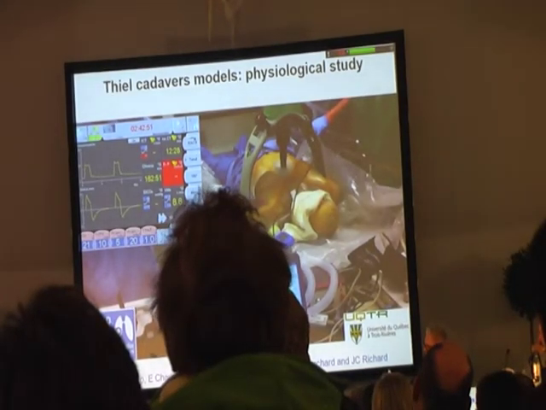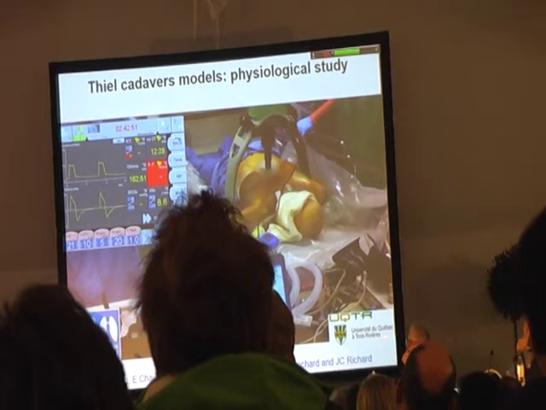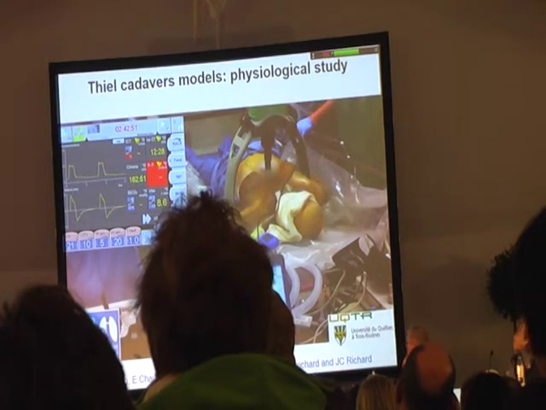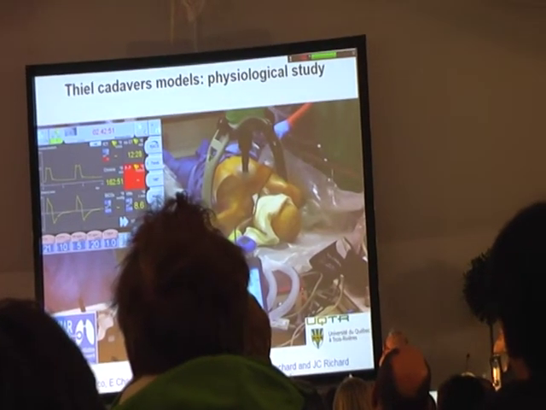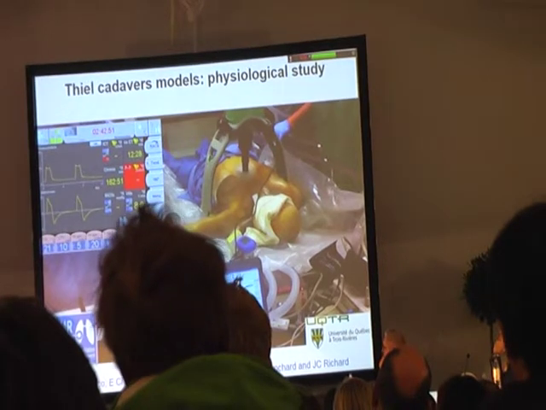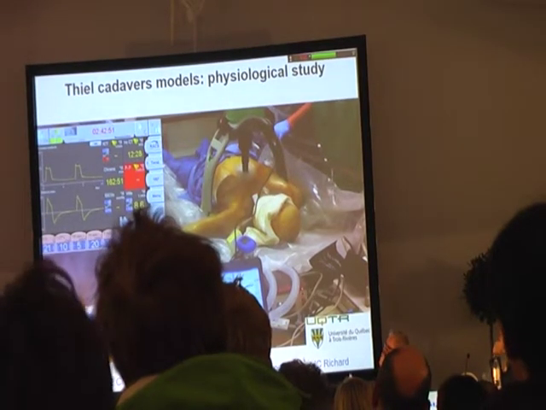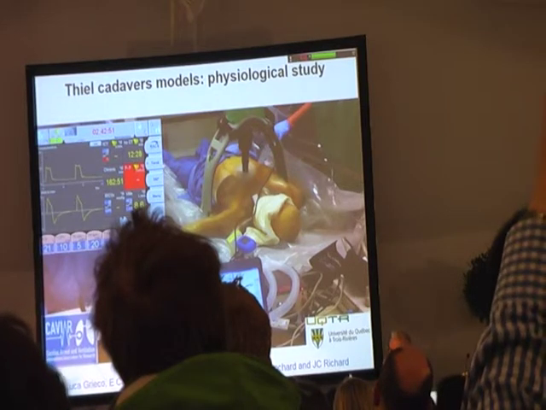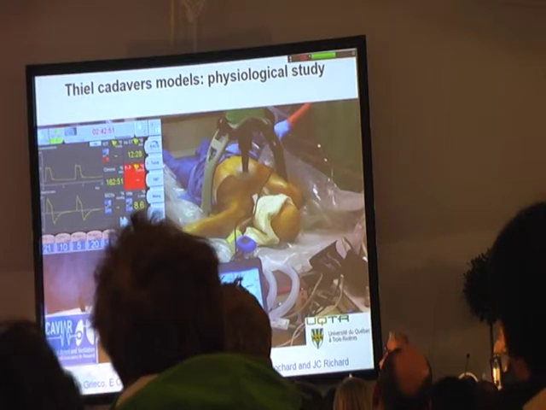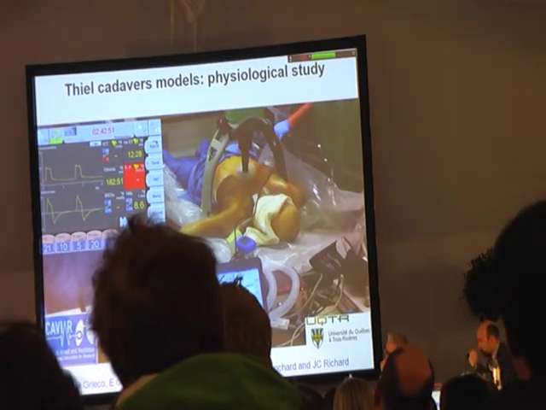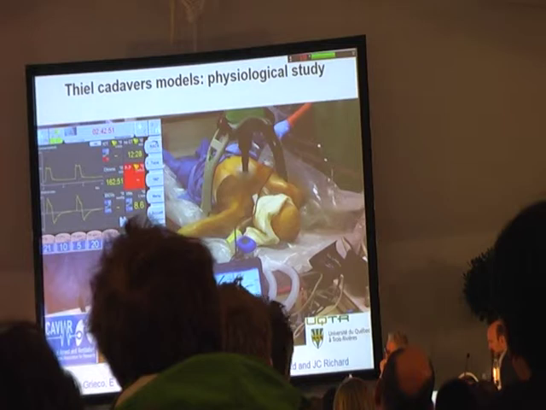To address this specific point, we had the unique opportunity to work with our colleagues of the Université du Québec à Trois-Rivières, and these are the authors, in a specific lab that works with specific cadavers. Thiel cadavers are a specific preparation that maintains the cadavers without any rigidity, which is a unique opportunity to address the question of respiratory mechanics during cardiopulmonary resuscitation.